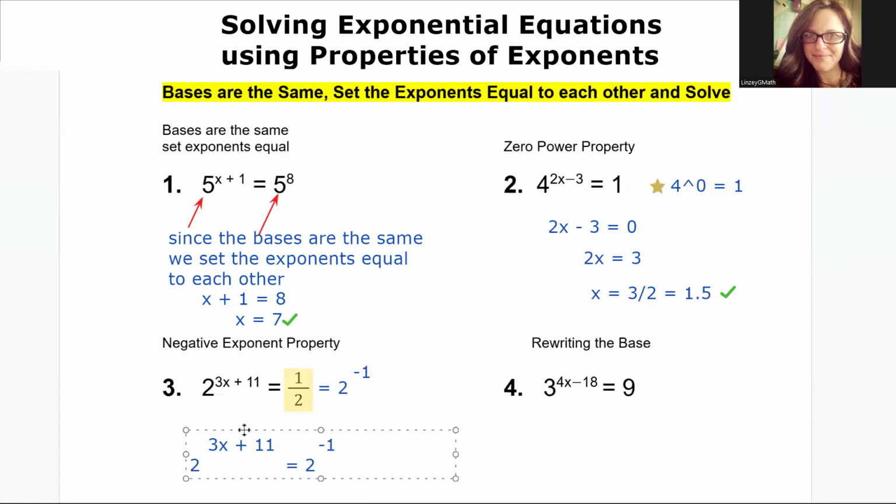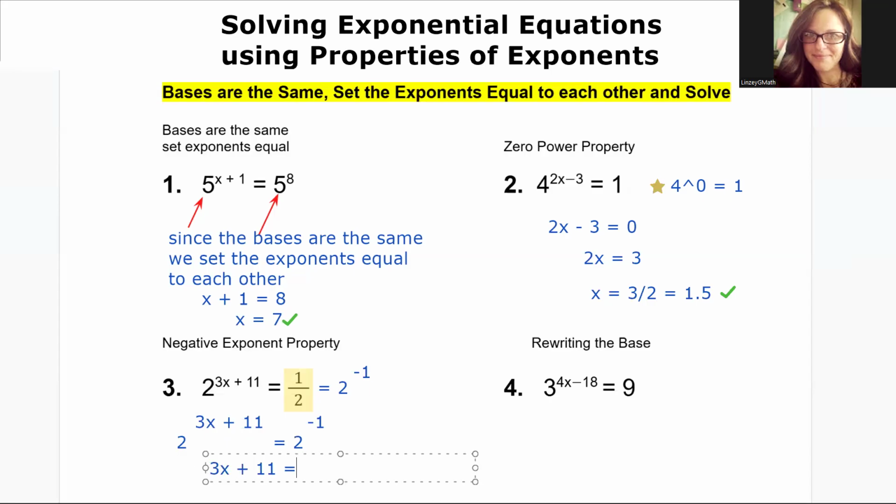Now our bases are the same, and we can set the exponents equal to each other. 3x plus 11 is equal to negative 1. Subtract 11 and divide by 3. And we get x is equal to negative 4.